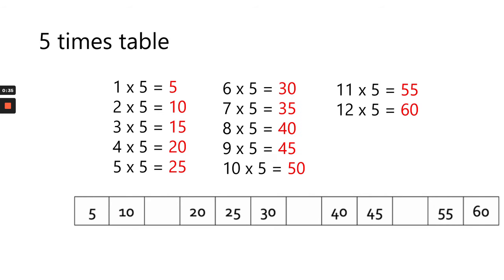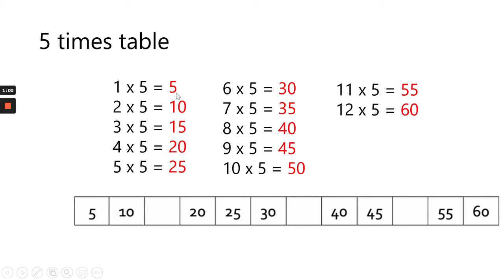Right, let's have a look at the pattern in our 5 times table. Can you see any pattern in our times table facts from 5 times tables? Take a look at the last number on each of our times table facts. What do you notice?